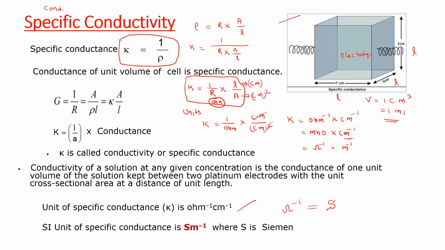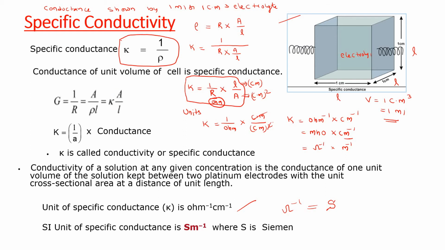Conductance shown by 1 ml, or 1 cubic centimeter of electrolyte, is called specific conductivity, isn't it? This will be the definition. Specific conductivity or conductivity we can call.